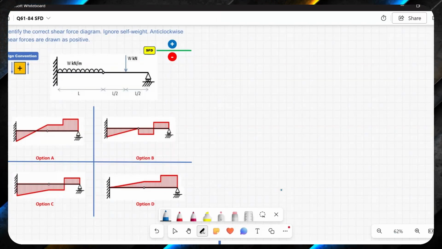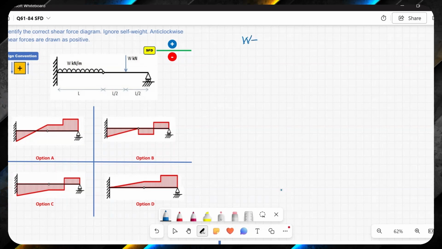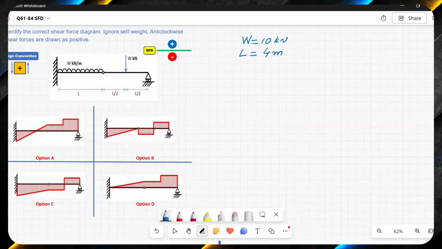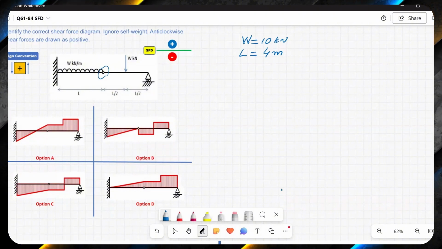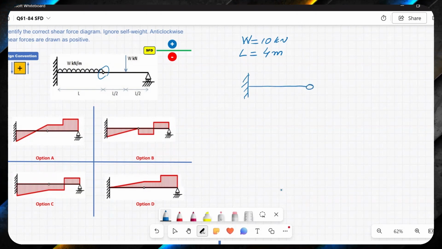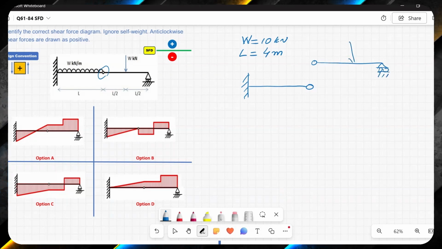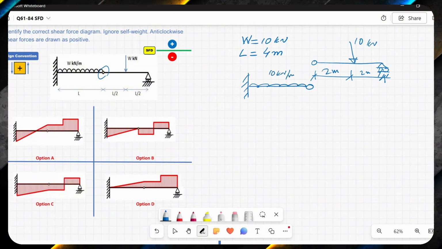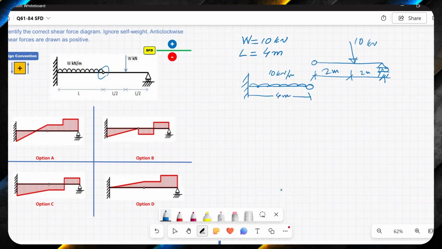Just to simplify the analysis, I'm assuming that W is equal to say 10 kilonewton and L is equal to say 4 meters. And I will separate this beam into 2 parts where we have the pin. So one is the right side and the other is the left side. Here, separating these 2 parts, there's a pin over here and we have a roller over here, a point load of 10 kilonewton, with 2 meters and 2 meters. We have a UDL of 10 kilonewton per meter, and here we have 4 meters.